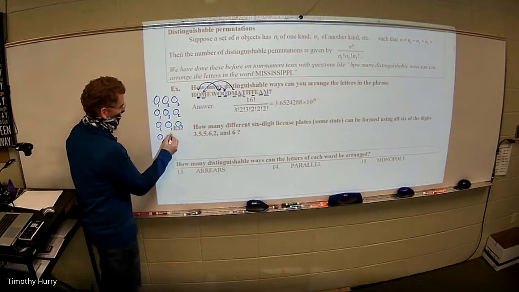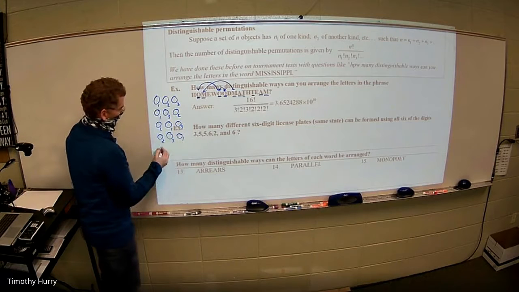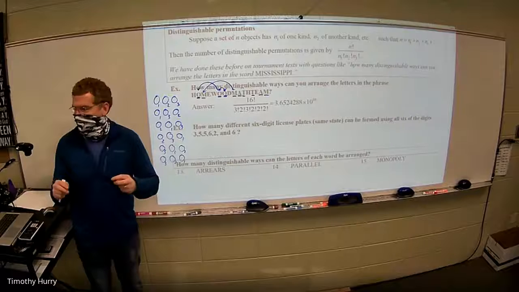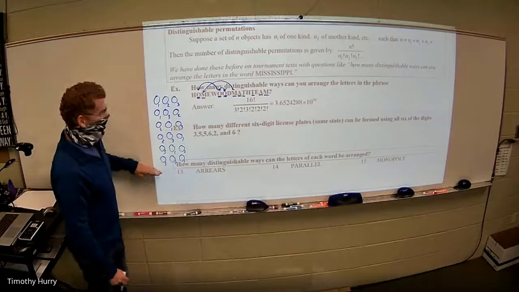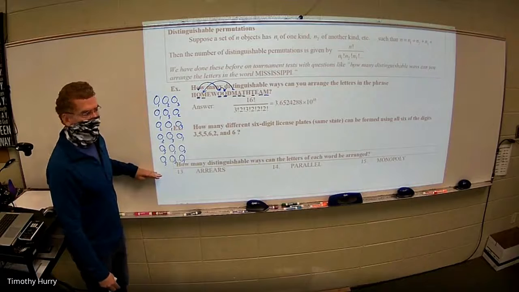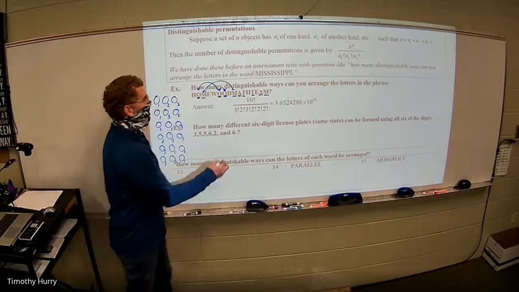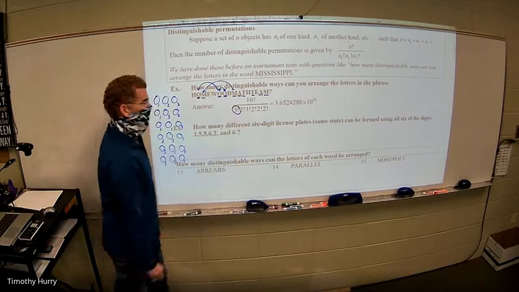It could be 2, 3, 1. And rearrange the zeros, I'm not getting different words, am I? So I want to divide out those 6 ways. Well, the easiest way to do that is if there's 3 zeros, divide out a 3 factorial.